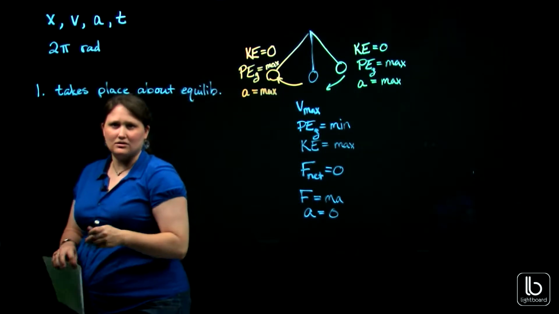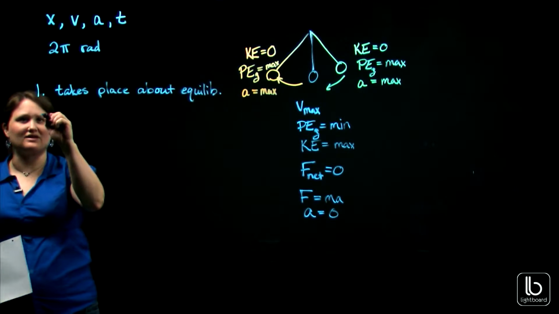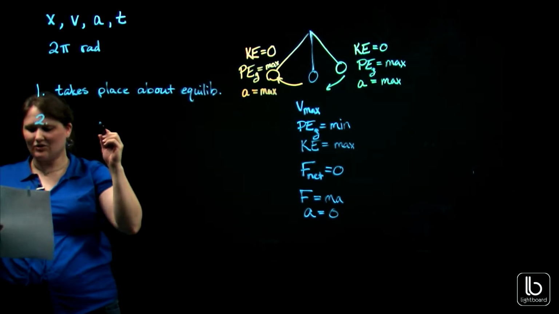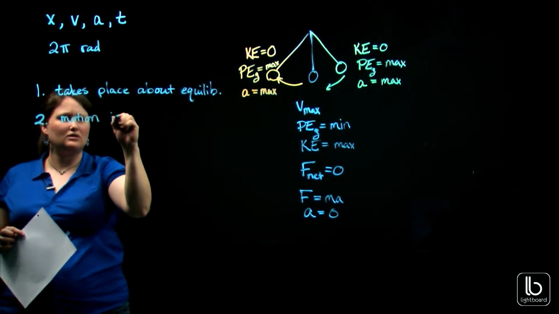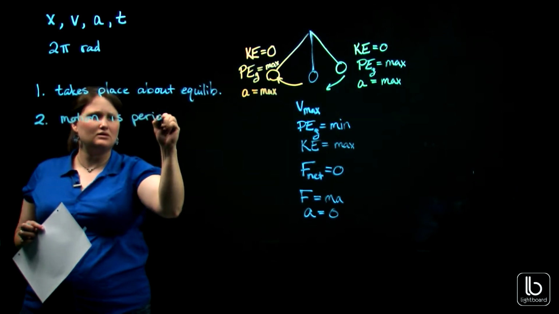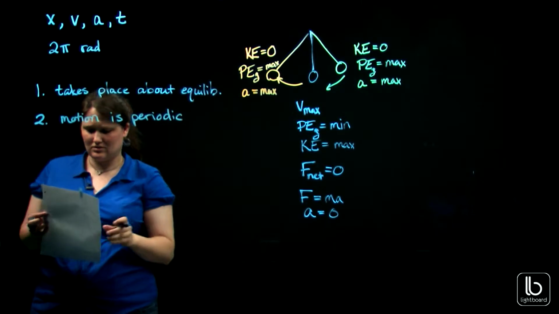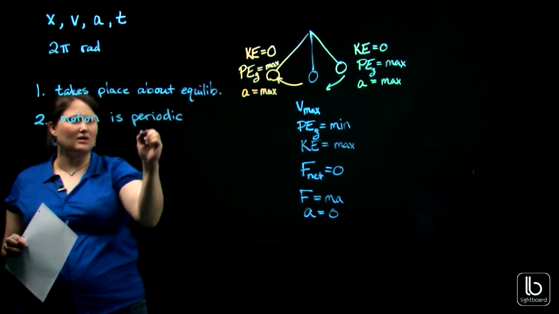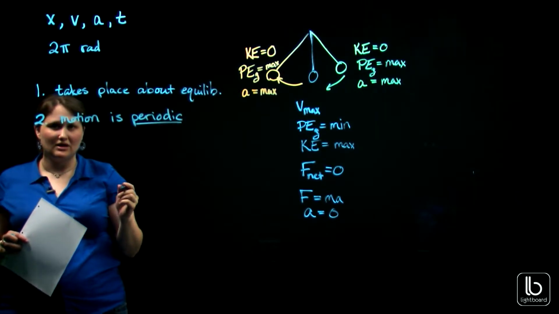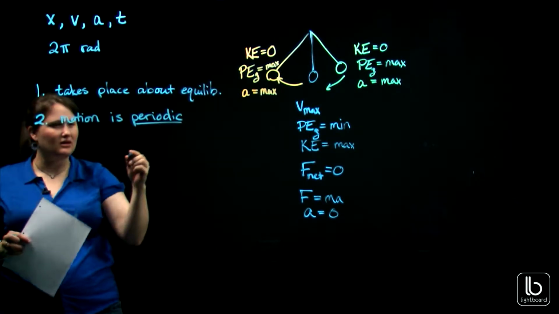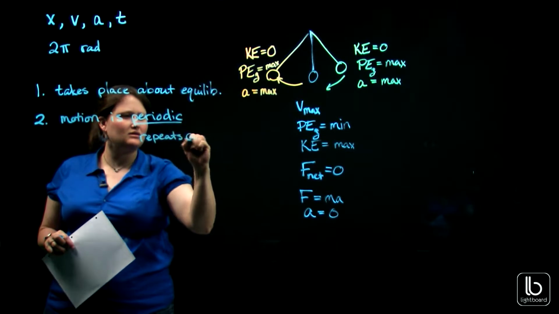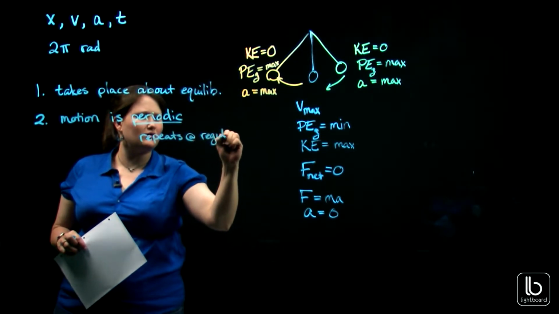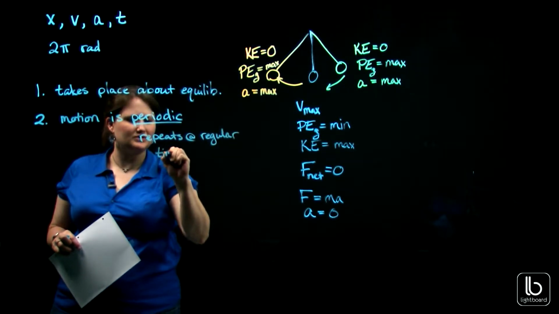The next thing to pay attention to is the fact that an oscillator is periodic. So the motion is periodic. And what we mean by periodic is that it repeats at regular time intervals.